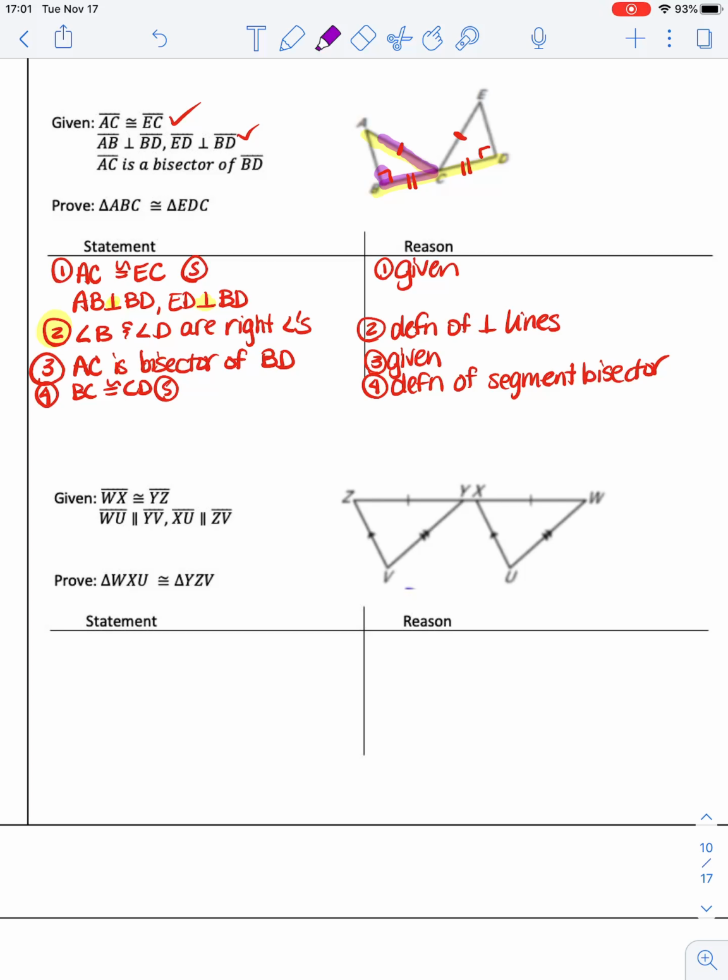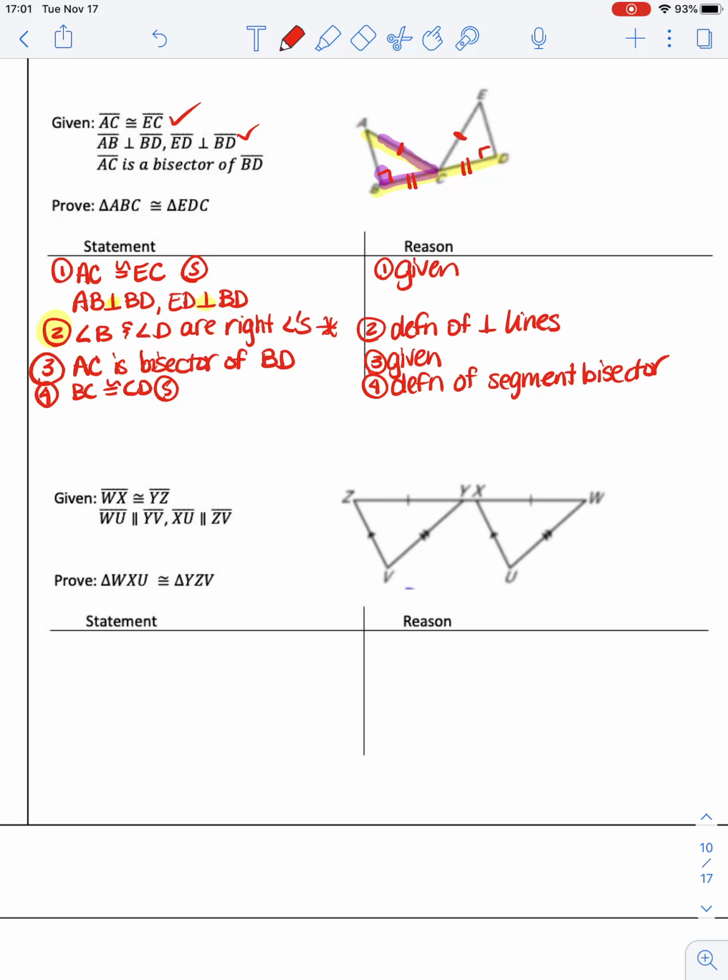I can say that angle B is congruent to angle D, but it doesn't do me any good because I can't use side angle side. What I need is to use HL, but I can't use HL unless it has a hypotenuse, and it doesn't have a hypotenuse unless it's a right triangle.